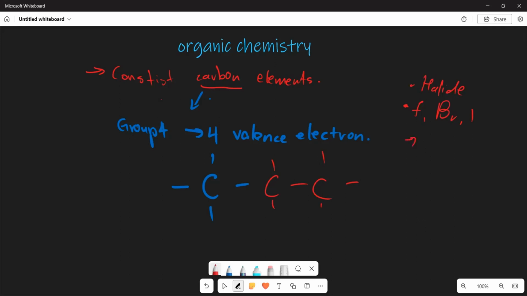We are also going to bond to oxygen and other elements within our periodic table. That is what we are looking at when we refer to organic chemistry.